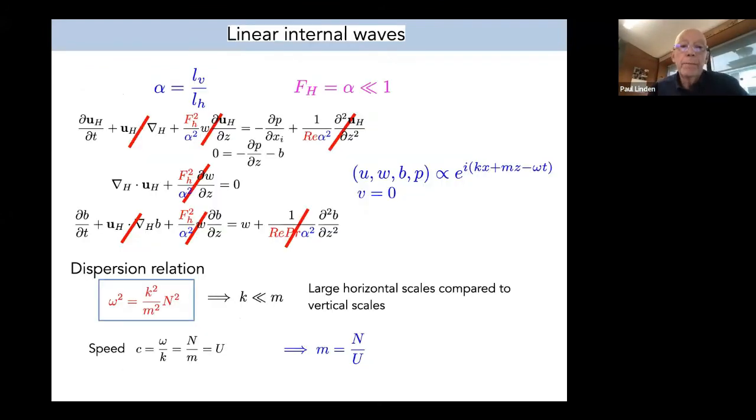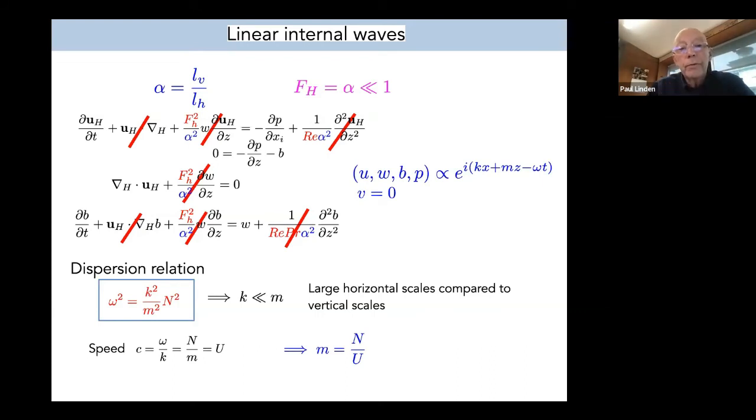I'm going to go back to these equations, looking again at the case where the Froude number is small, the ratio of scales is small, and just look at linear two-dimensional internal waves. So we cross out the two nonlinear terms: the second term in the horizontal momentum equation, and the second term in the buoyancy equation, the third equation down.